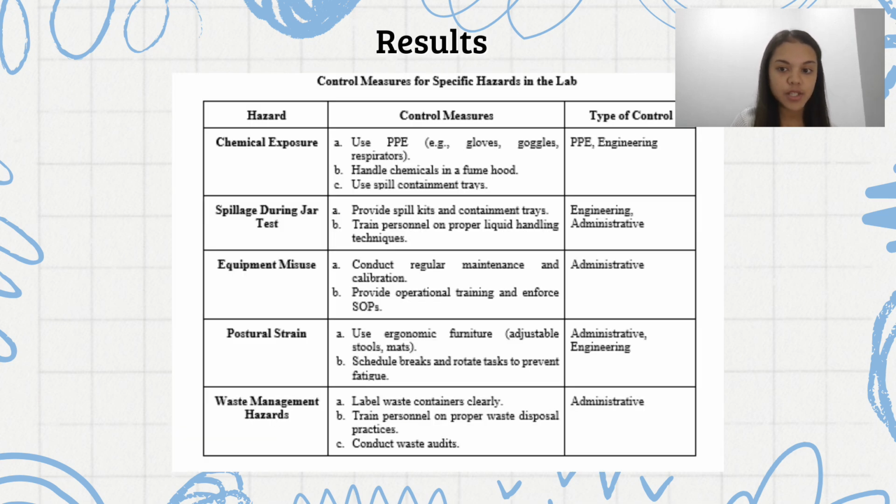And then for the control measures, you can see there are control measures for specific hazards in the lab. Control measures are tactics and steps used to reduce or eliminate risks related to hazards that have been recognized.